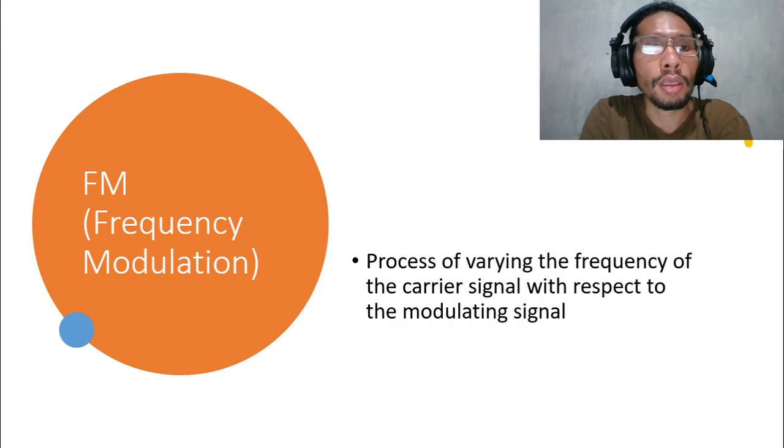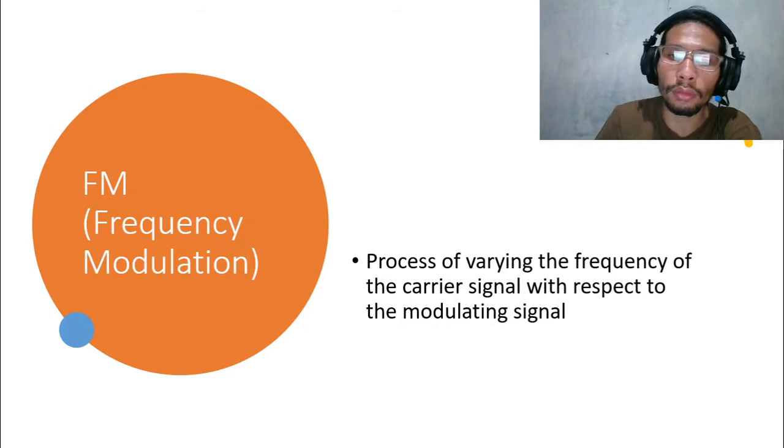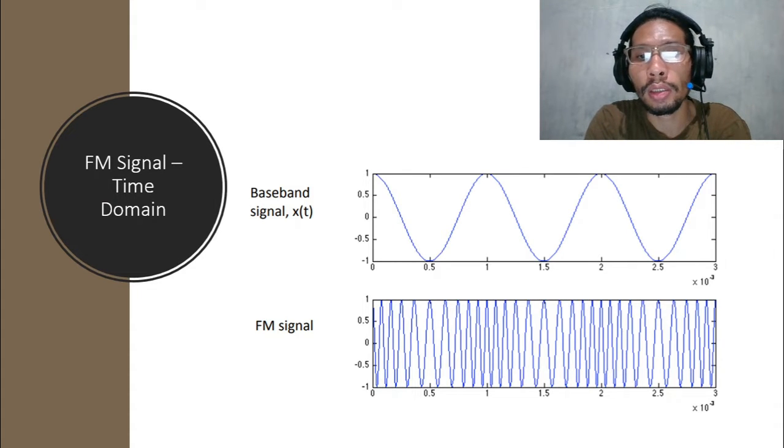So what is a frequency modulation or FM? FM is the process of varying the frequency of the carrier signal with respect to the modulating signal or the intelligent signal. So as you can see, this is the graph in time domain.